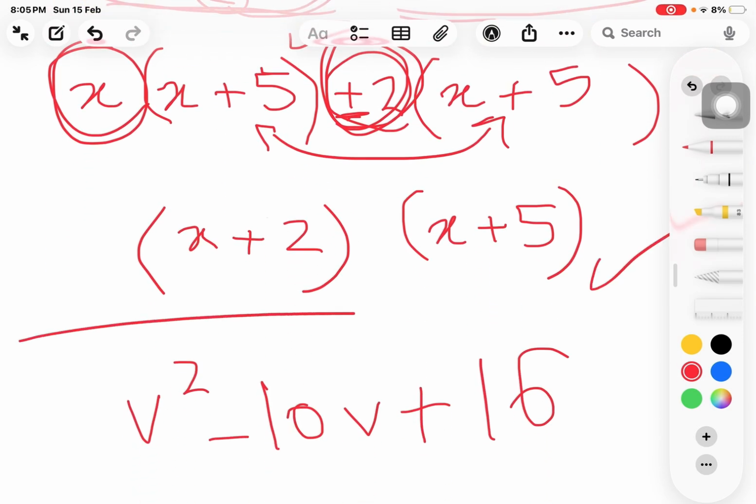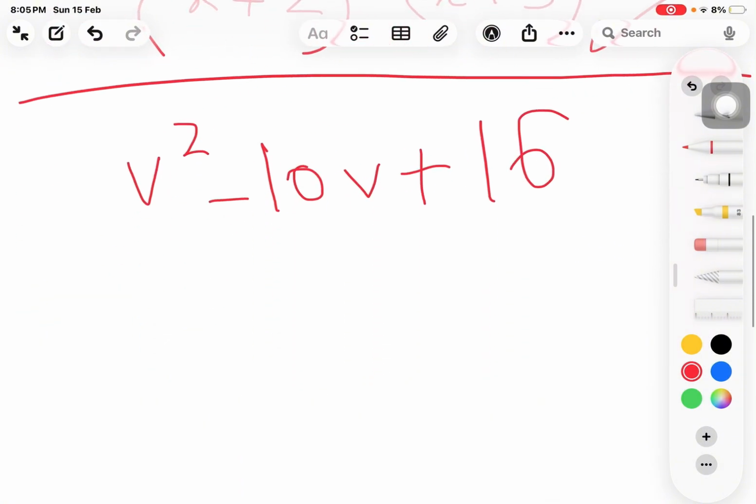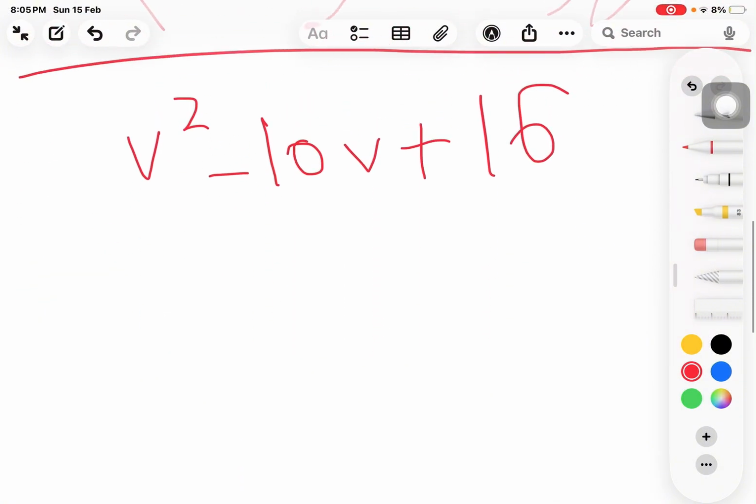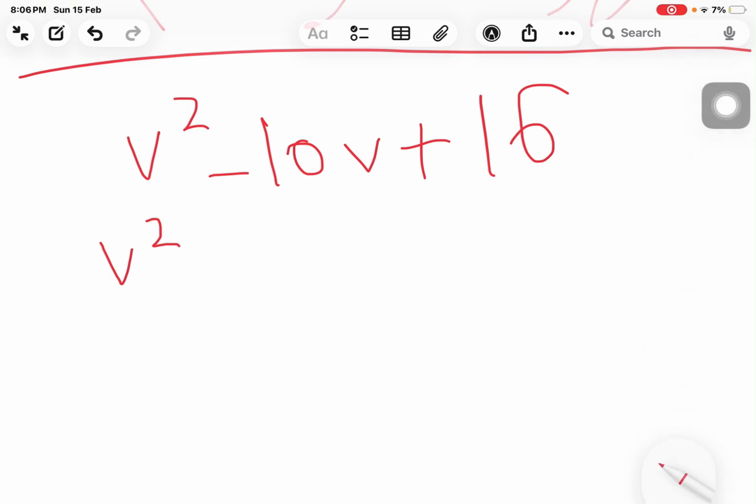Let's go to the other one. v squared take away 10v plus 16. As we said, we just rewrite the v squared, and then we get the two numbers that are suitable for 10v.